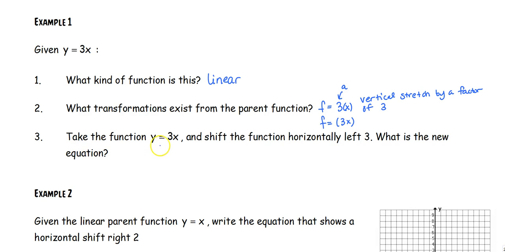So take the function y equals 3x, which we just discussed, and shift that function horizontally left 3. So if I'm going to go left, I know that according to my rules on the front page, I'm taking my function, and left means I'm going to be adding 3 because it's the opposite of what I think.